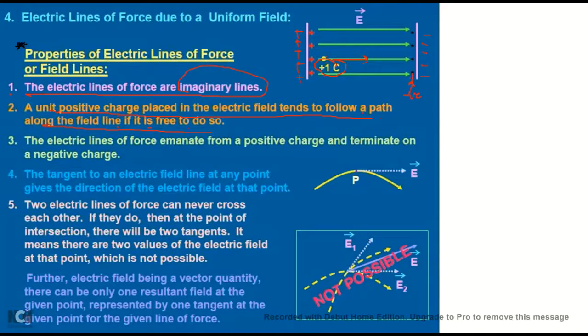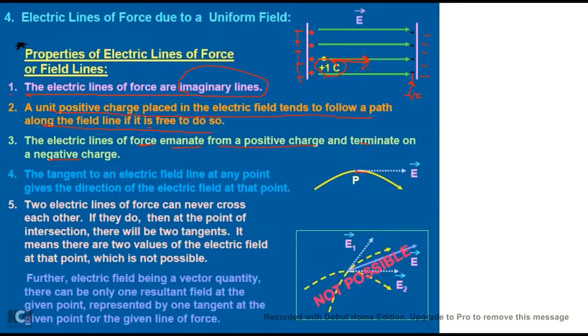This positive charge will move in the direction of the electric field. The electric field lines of force emanate from a positive charge and terminate at the negative charge. The tangent at that point will give its direction.